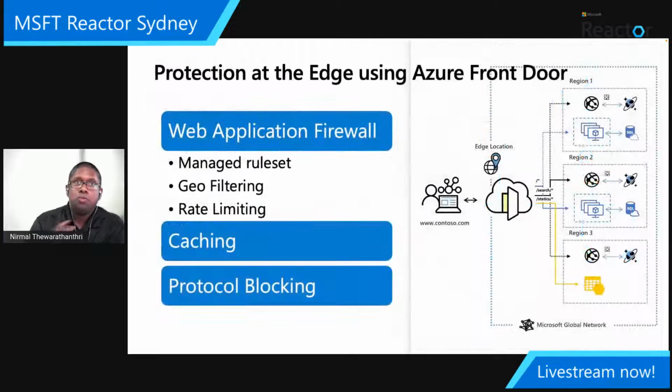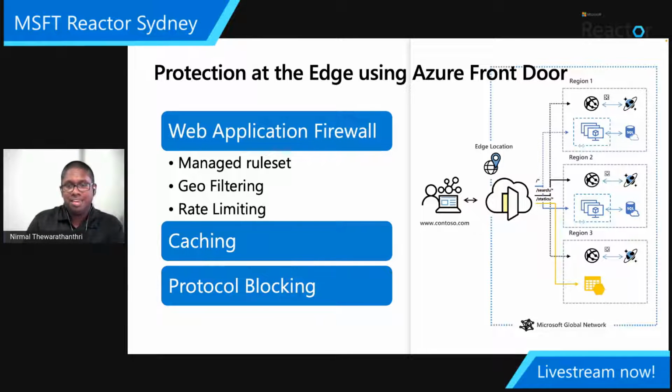So with that, I also want to talk about what are the strategies that can be implemented for protecting customers at the edge. So Azure Front Door, as you know, is the web application firewalling and acceleration capability that we have, and that operates at the edge.